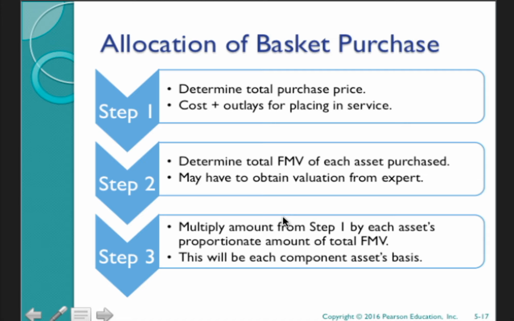And then you're basically going to use the fair market value of each separate part of the basket, and that's going to become your ratio for allocating the basis for that item. So you would add the total fair market value of each asset purchased, and then whatever percentage of that total each asset makes up, that would be the ratio that you would apply to the amount from step one.